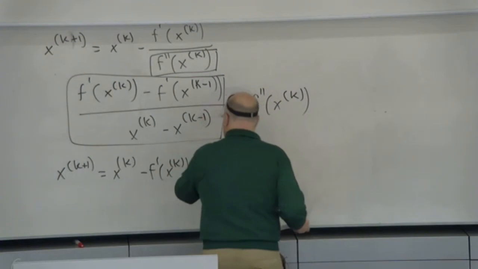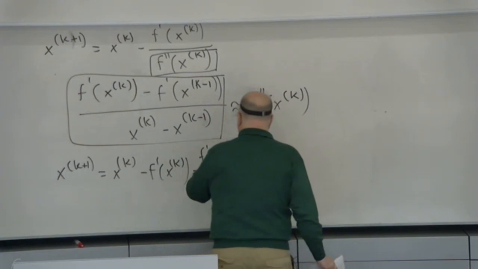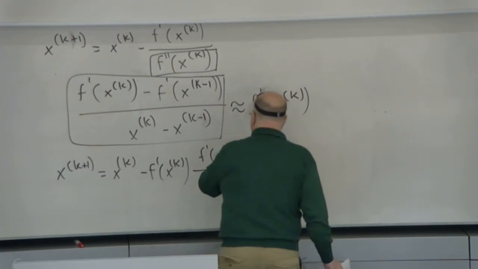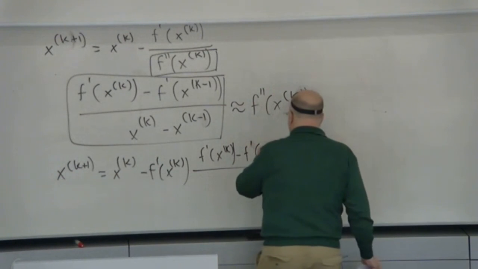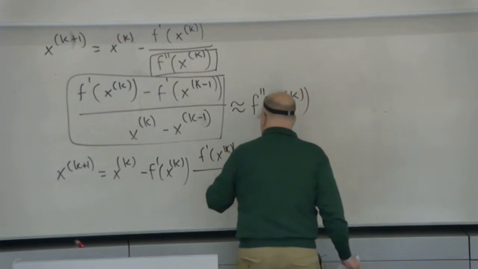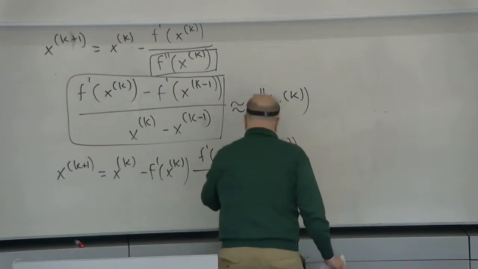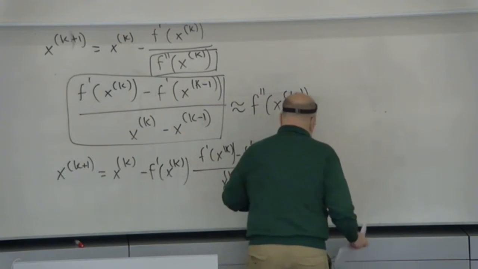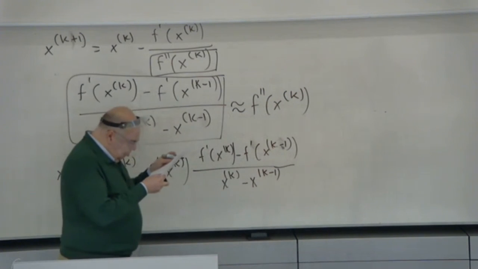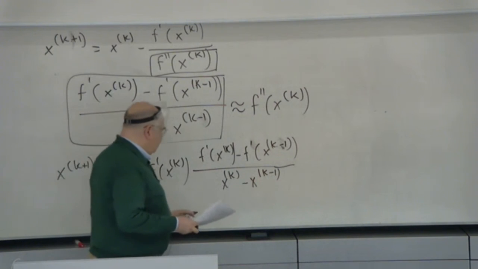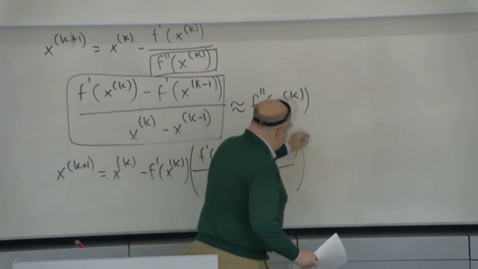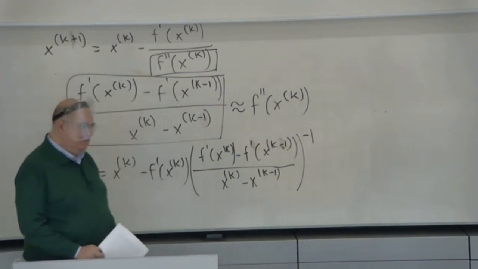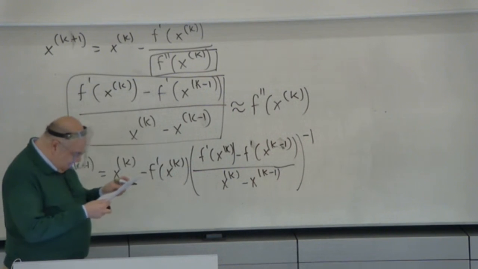That is f prime at x_k minus f prime at x_{k-1}, sorry, minus 1, over x_k minus x_{k-1}. Yes, of course. Sorry about that. Well, let's fix it this way.